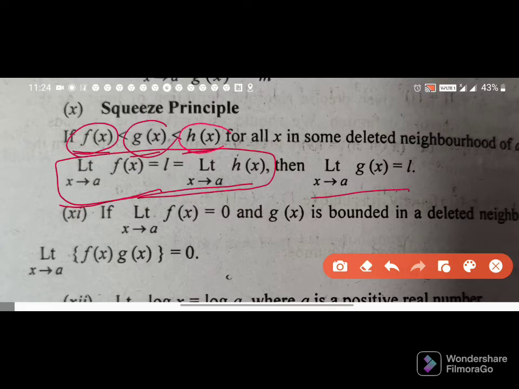If the limits of the functions at the boundaries are given equal to L, then the limit of the central function is also L.